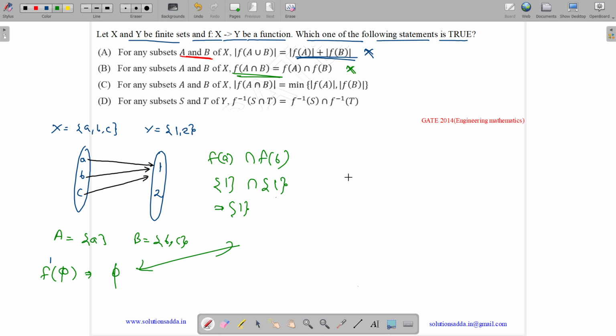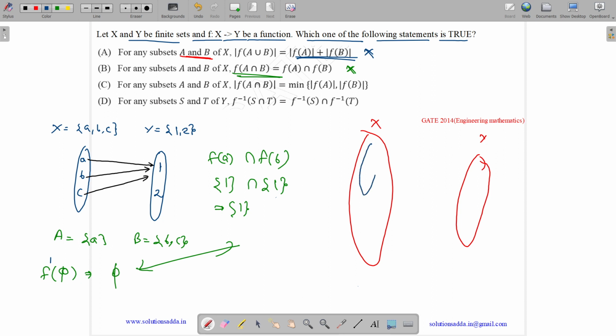Now when will this case become false? Let us assume this is our X and this is our Y. We are taking some A and B to be disjoint, but let us assume that they map to these elements, and it is a many to one relation, so this also maps to this, and this maps to this.